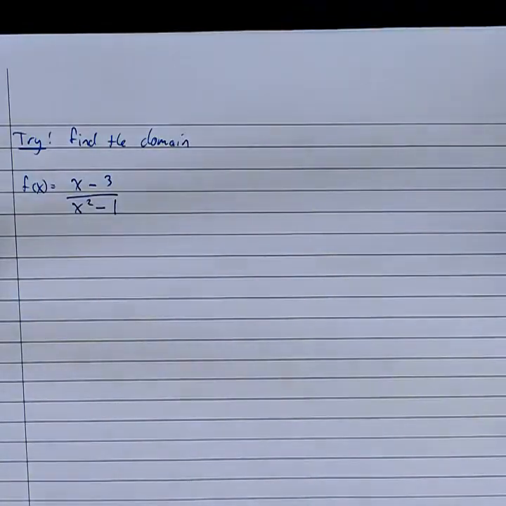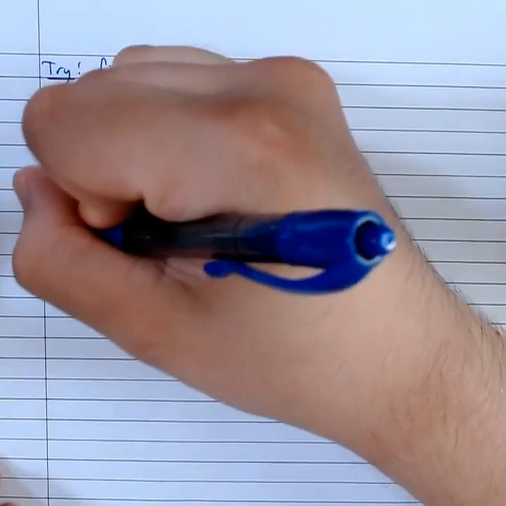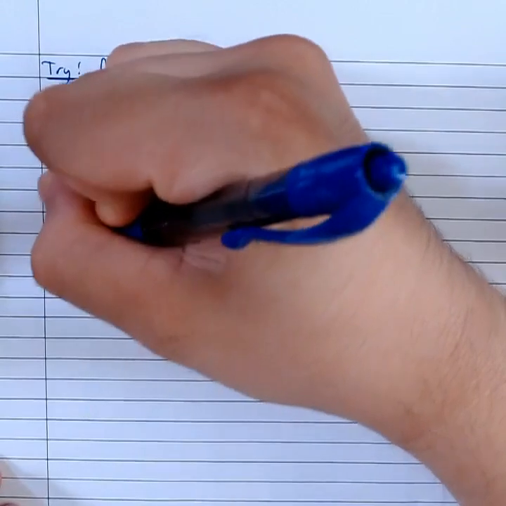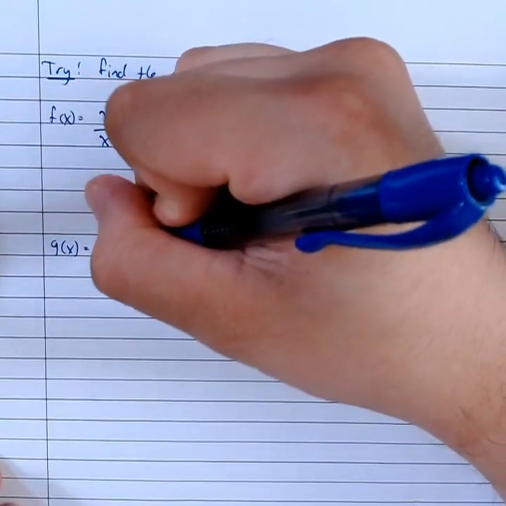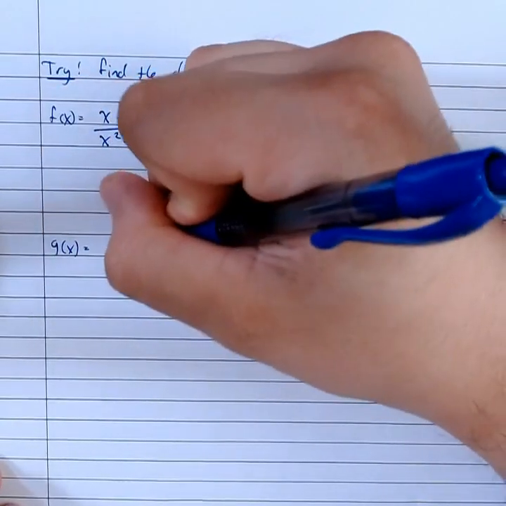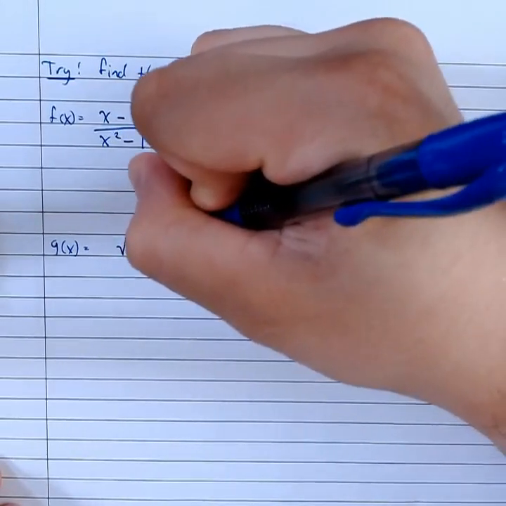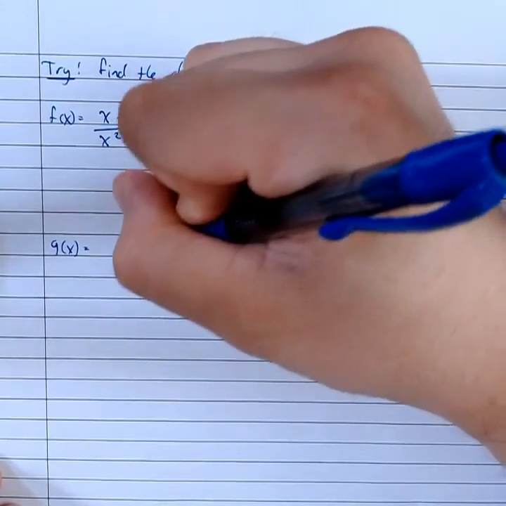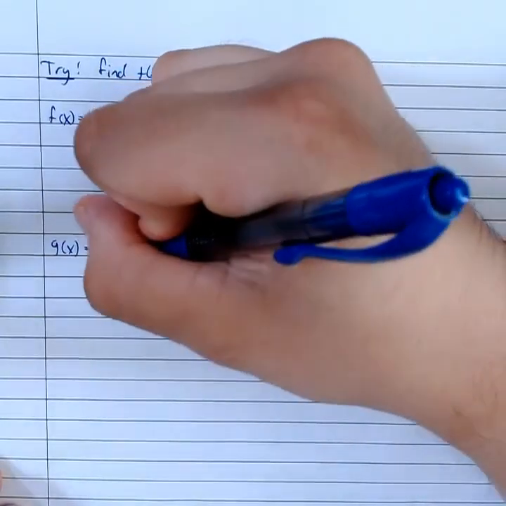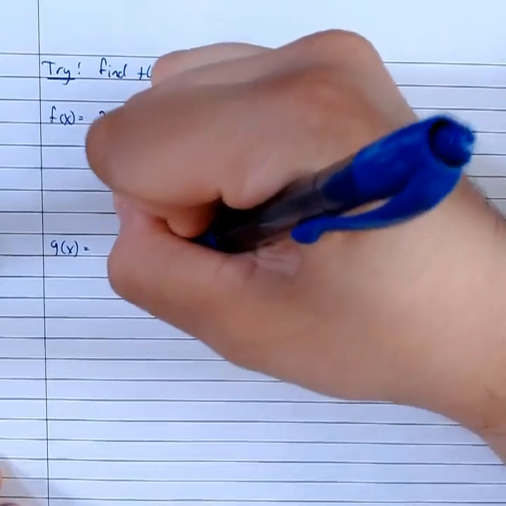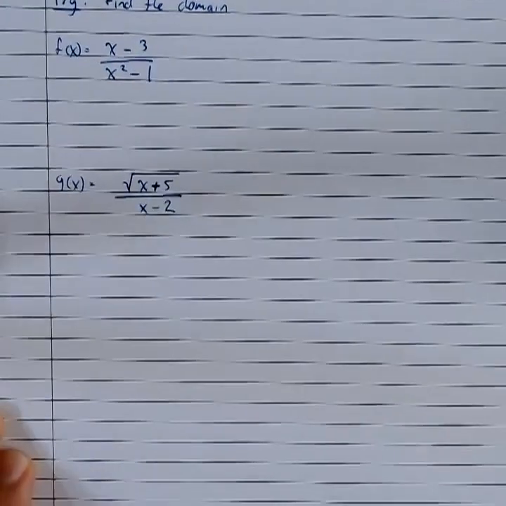Go ahead and give that one a try. And then also try g of x is going to equal the square root of x plus 5 over x minus 2. Go ahead and give that one a try.